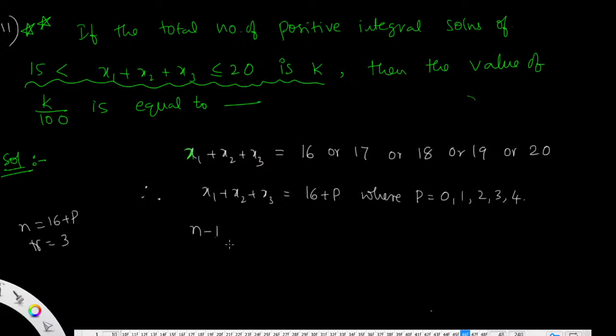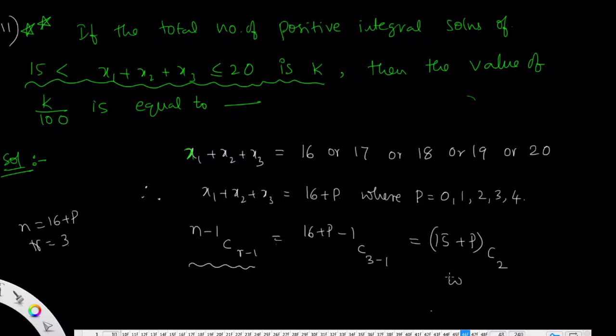Therefore the formula for positive integral solutions is n minus 1 C r minus 1, that becomes 16 plus p minus 1 C 3 minus 1, that is equal to 15 plus p C2. Okay, 15 plus p C2.